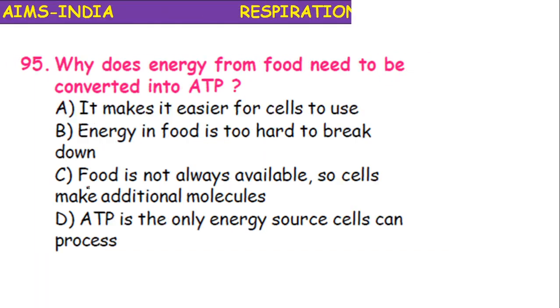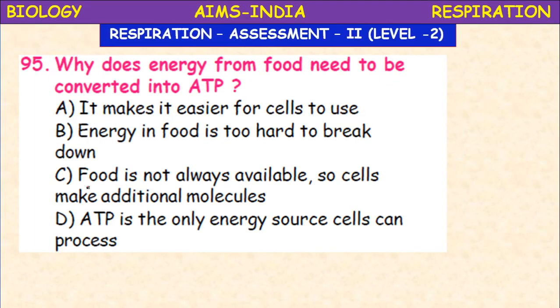Next, why does energy from food need to be converted into ATP? It makes it easier for cells to use. Or, energy in food is too hard to break down.